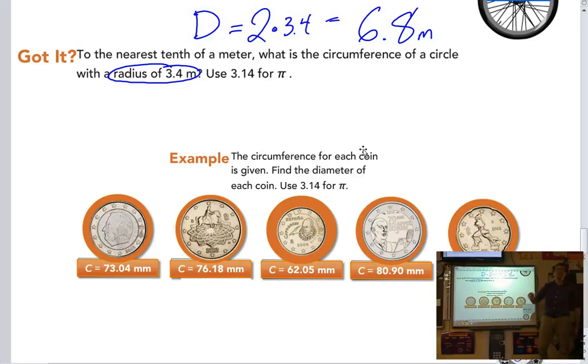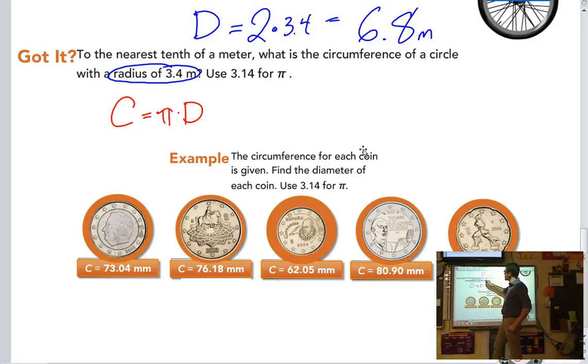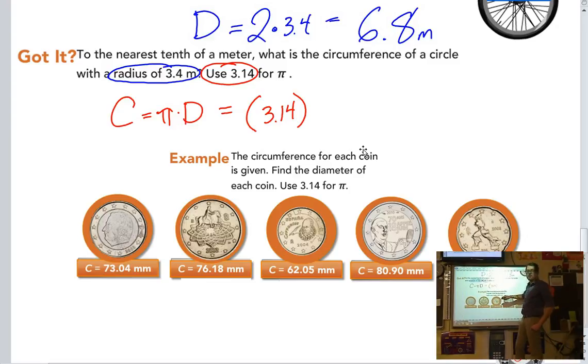Which formula did you use, Sam? I use C equals pi times d. So my circumference is pi times diameter, and they tell me use 3.14 for pi. So I replace my pi with 3.14. I replace diameter with 6.8. When we multiply these together, we get, go ahead, Dom. 21.352.